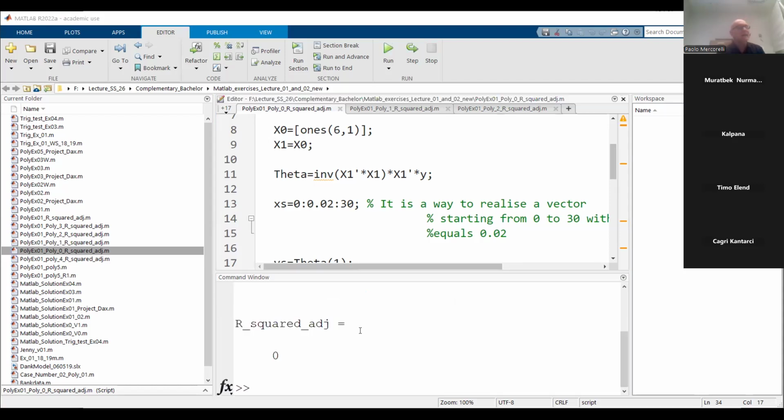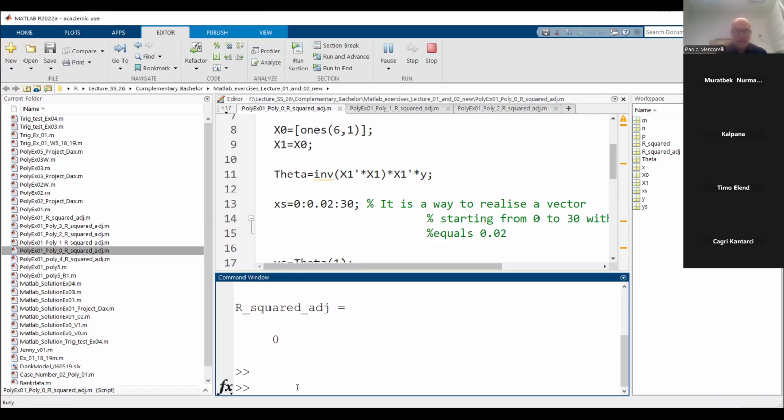We can see 0, as I told you. 0 R squared, 0 R squared adjusted. Typically we don't consider this solution at all, because it's a solution that doesn't minimize both, it minimizes just the statistical error, as in the example which I introduced at the beginning. It's clear that this theta 0 is the mean value.